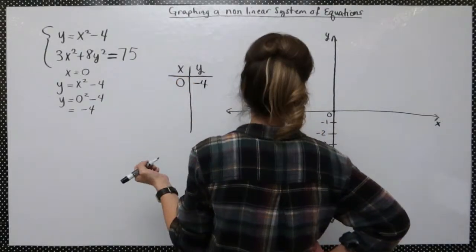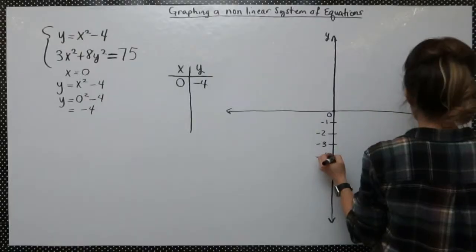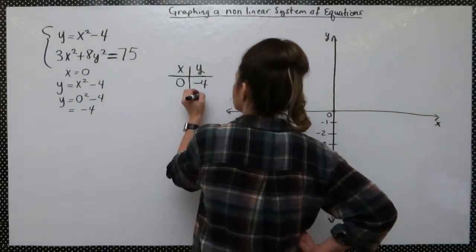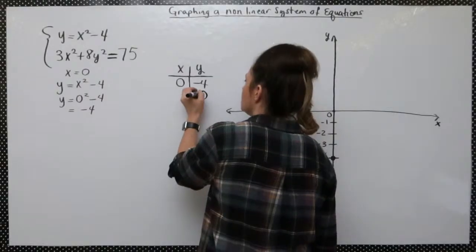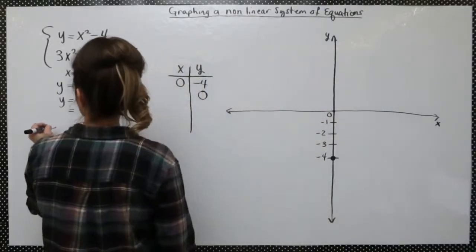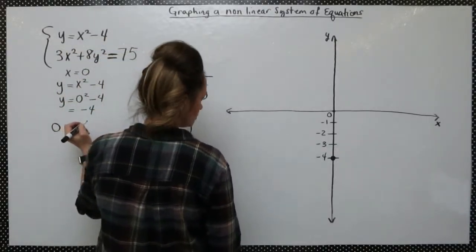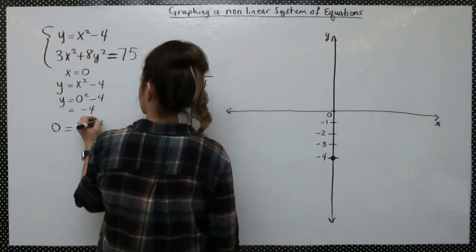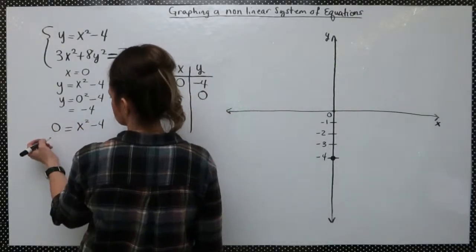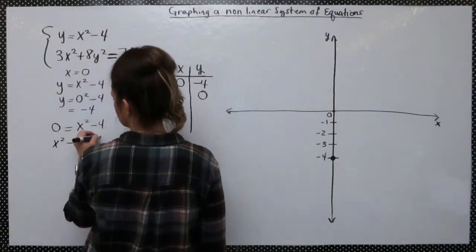So now, since I have that value on there, I'm going to plug in 0 for y now and solve this thing for x. So 0 equals x squared minus 4, just replacing y with 0. And so it's going to give you x squared minus 4 equals 0.